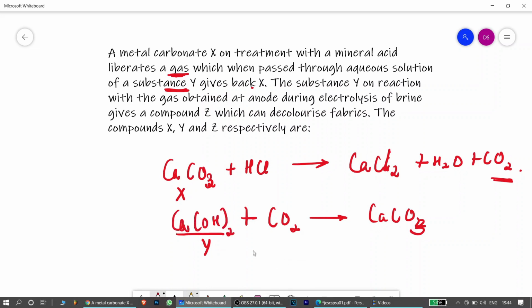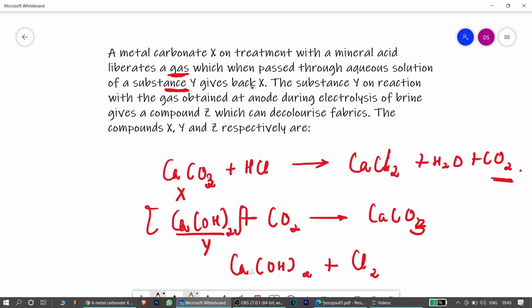Now coming to the next one: the substance Y on reaction with a gas obtained at the anode during electrolysis of brine gives compound Z. Now Y, which is calcium hydroxide, is treated with the gas liberated at the anode. If you have studied the production of sodium hydroxide in the chapter Acids, Bases and Salts, you must know that when electrolysis of brine is done, chlorine gas is evolved at the anode.